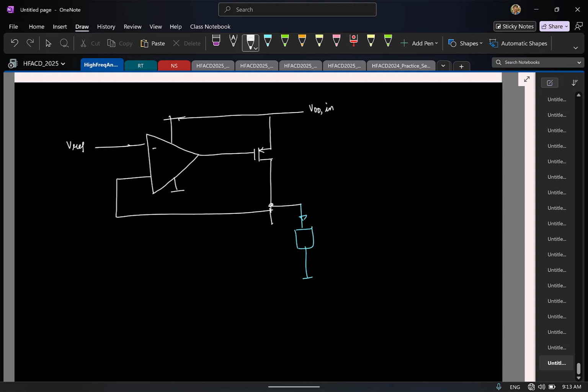So earlier my signs of the feedback were, signs of the op amp was this. Now I have added one more PMOS stage at the output. So what do you think will happen to the signs? They'll flip, because you have one more inversion due to this PMOS. So I'll directly flip it.